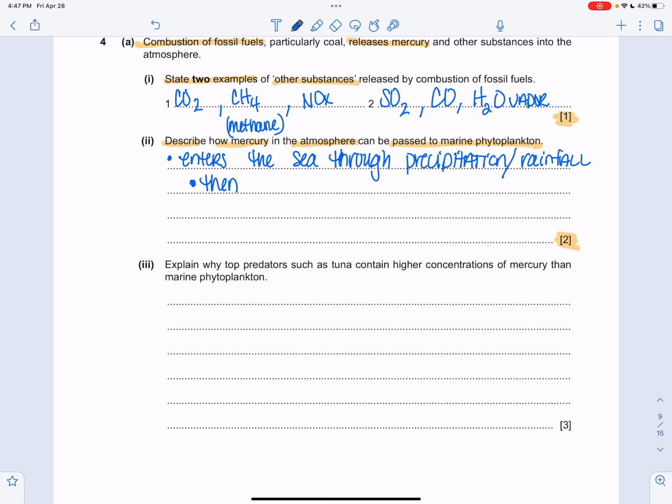Then mercury, Hg, dissolves in water. And it is acceptable to put H2O for water, Hg for mercury, and this is seawater. And then it gets absorbed by producers, or you can say phytoplankton, algae.